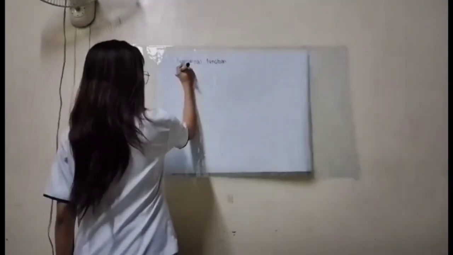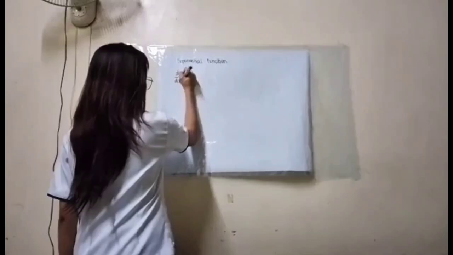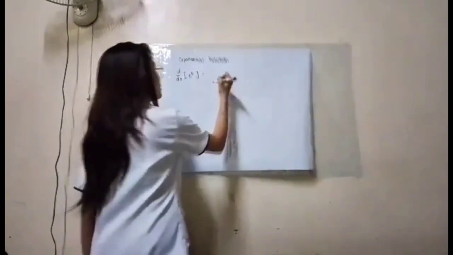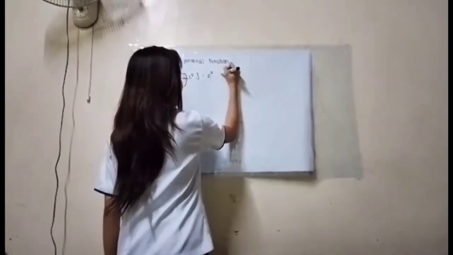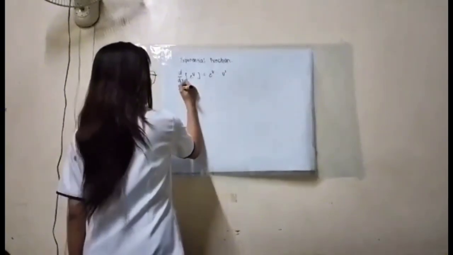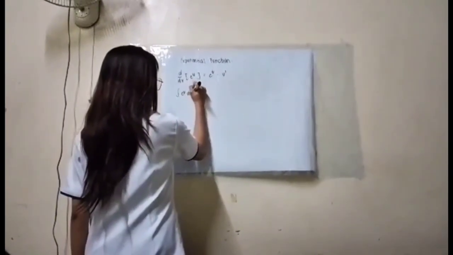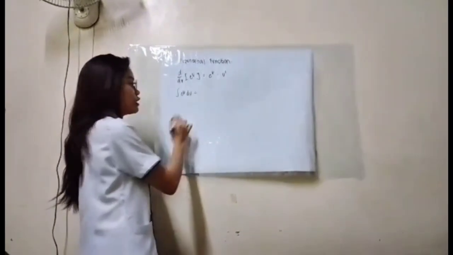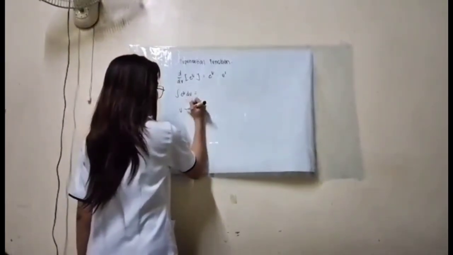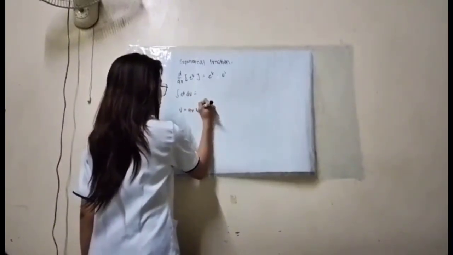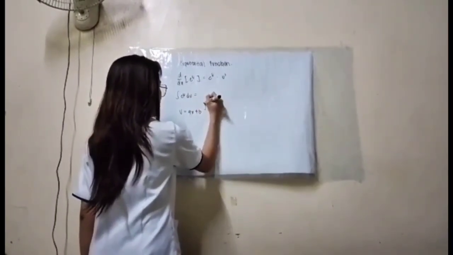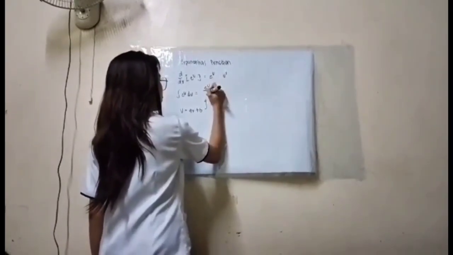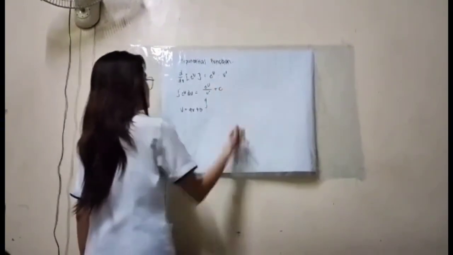So if the derivative of the exponential function is e to the u times u prime, then the integral of e to the u, if the function is a linear function where u is equal to ax plus b, the formula that we will be using is e to the u over u prime plus c.